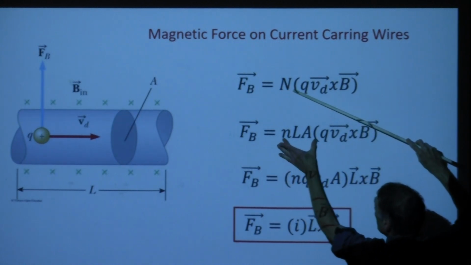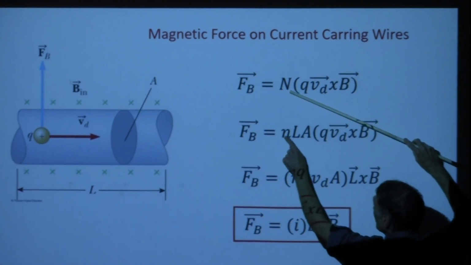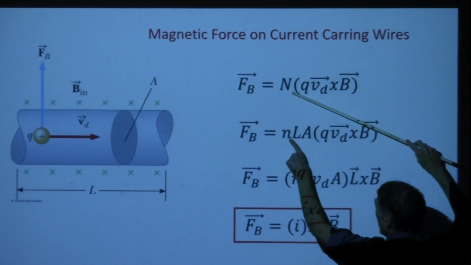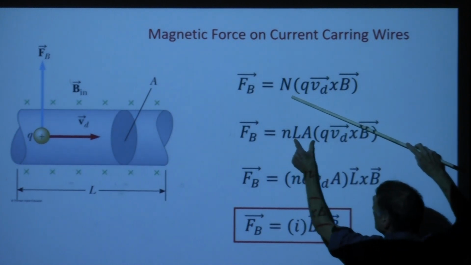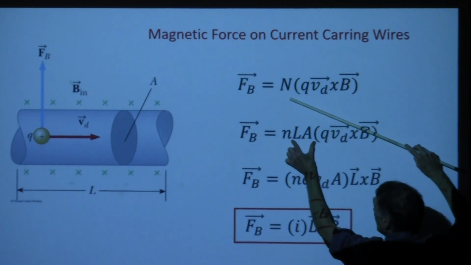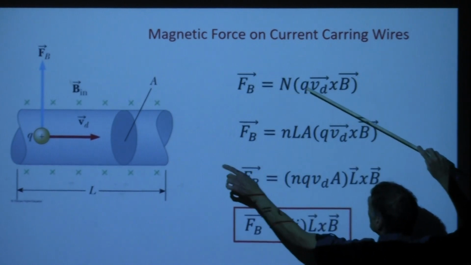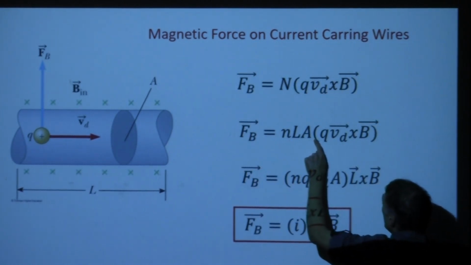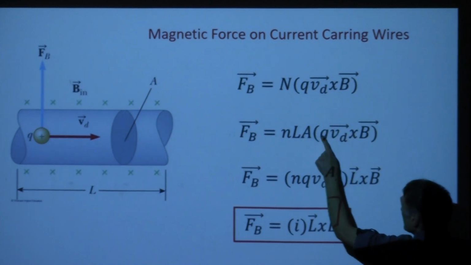I get the total number that are in there by the number density, which first showed up when we started talking about current and current density, times the volume of that wire. Its length times its cross-sectional area would be its volume. Times the number density should give us big N, the actual number of charges that we have moving. They're each moving with, on average, the drift velocity.